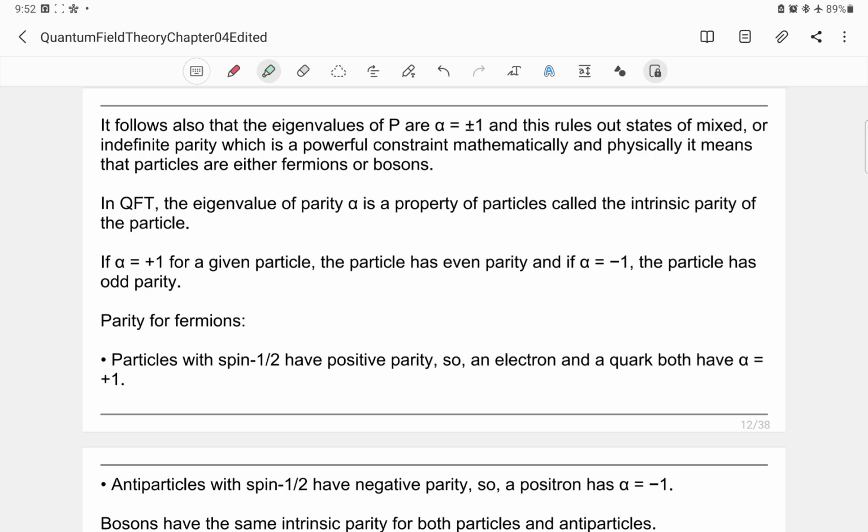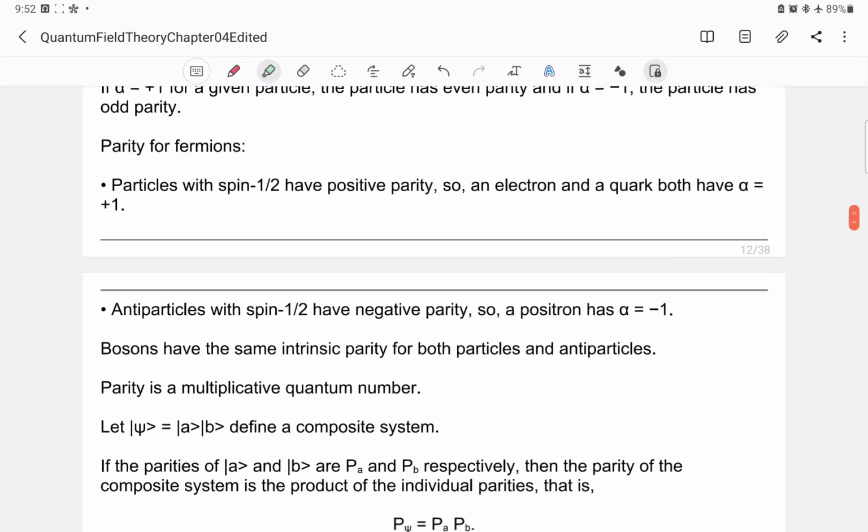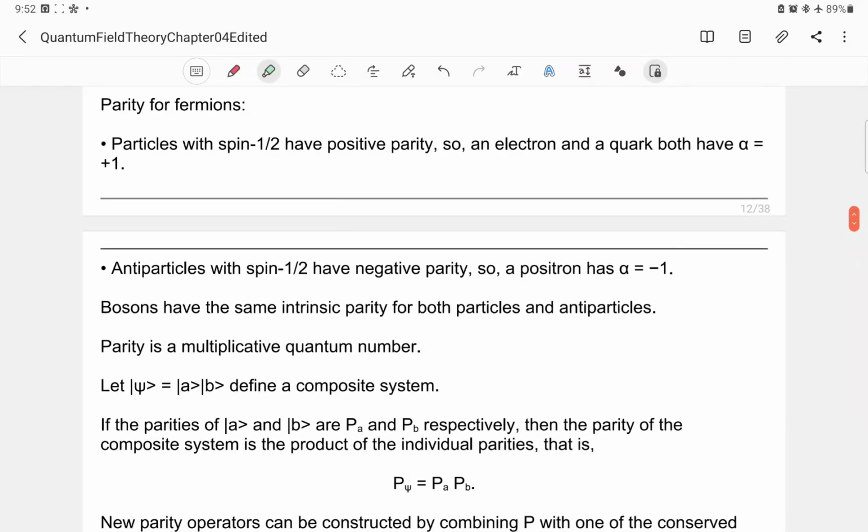In quantum field theory, the eigenvalue of parity alpha is a property of particles called the intrinsic parity of that particle. So for fermions, particles with spin 1/2 have positive parity.